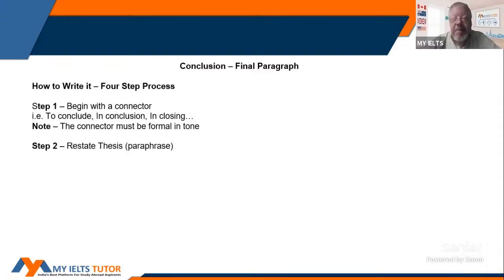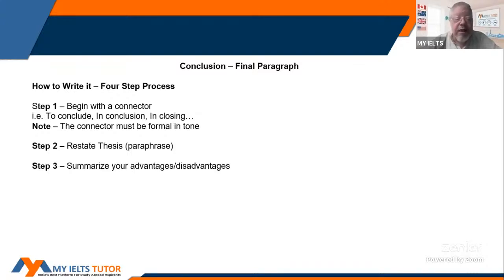And being able to paraphrase is one of the key things that you need to be able to display, to show that you're able to paraphrase in order to score a band score of 7 and above. Okay, so really learn how to paraphrase.